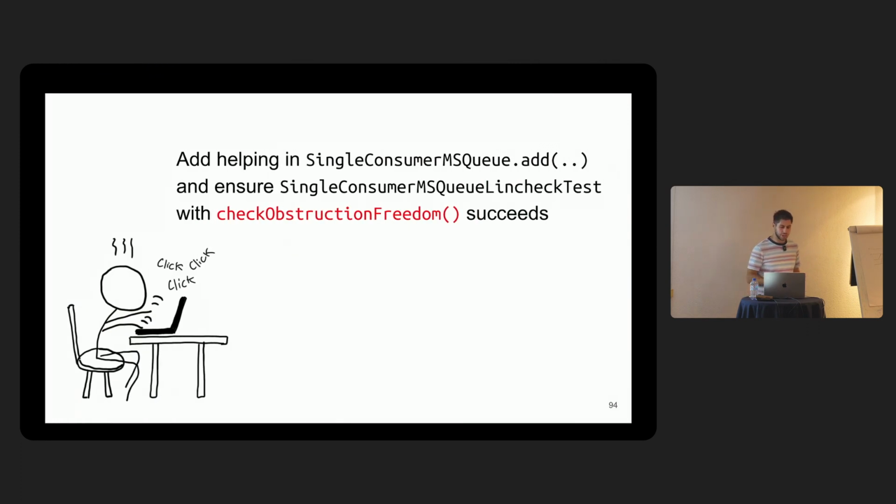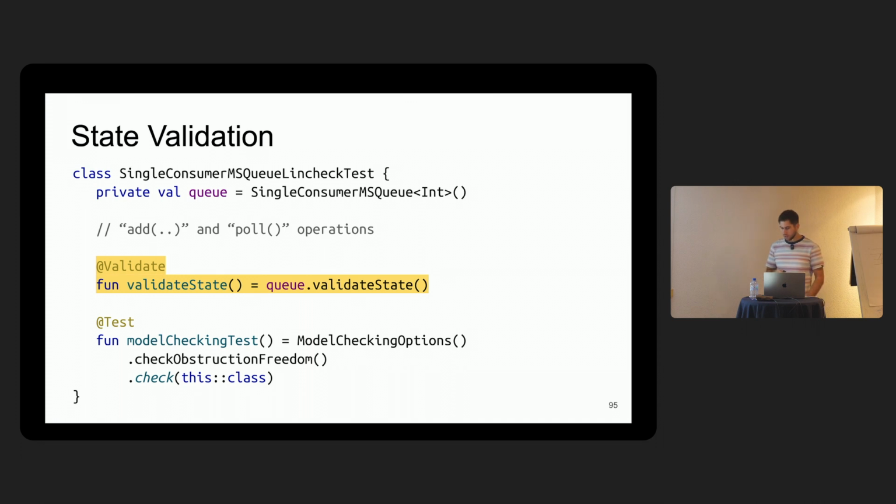So that's how you can check whether your algorithm is non-blocking or not. You can't check whether it's lock-free or wait-free. Unfortunately, it's not so trivial, but for abstraction freedom, you can add some checks to the test. And the last thing I want to cover in Lincheck is that you can also validate that after the execution, your data structure state is correct.